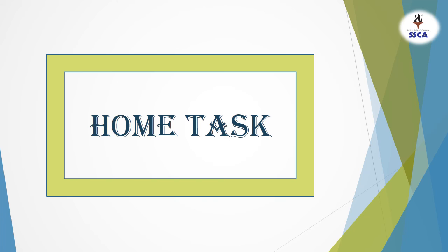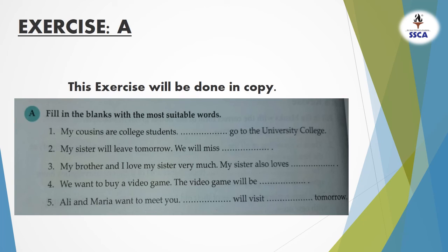After reading your book, you will be able to attempt your exercises, which are also given on pages 6, 7, 8 of your book. Now, in the first exercise, you will fill in the blanks with the most suitable words. Just remember, all the words filled in are pronouns. This exercise is given on page number 6 of your book.